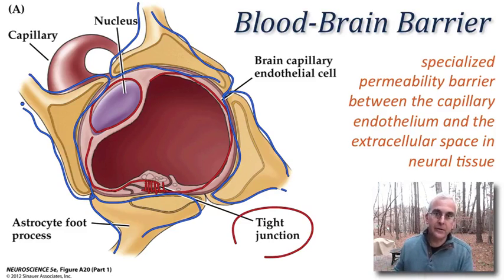There are other places in the brain, such as in the pineal gland, where hormones such as melatonin are secreted and enter the bloodstream. So wherever there is a hormone secretory function, there is going to be some loosening of this blood-brain barrier.